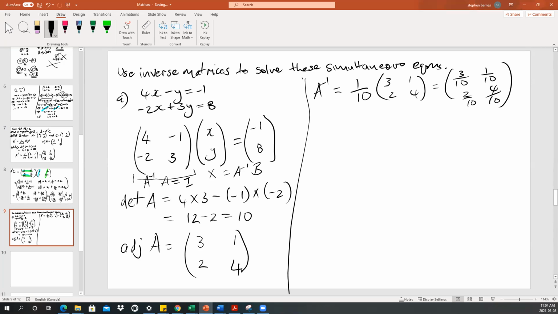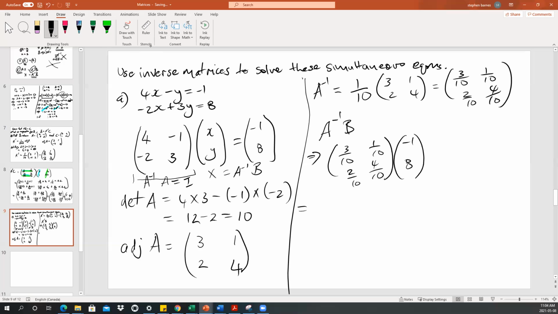So A inverse multiplied by B is 3 over 10, 1 over 10, 2 over 10, 4 over 10, multiplied by -1, 8.